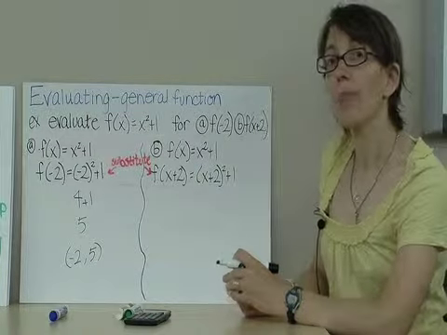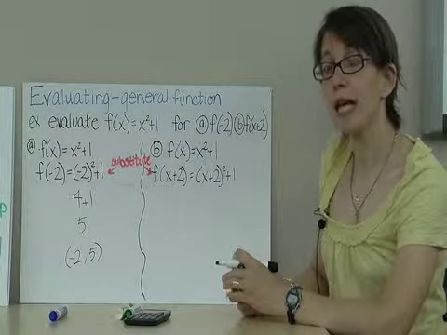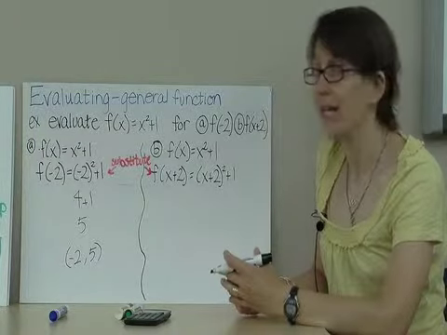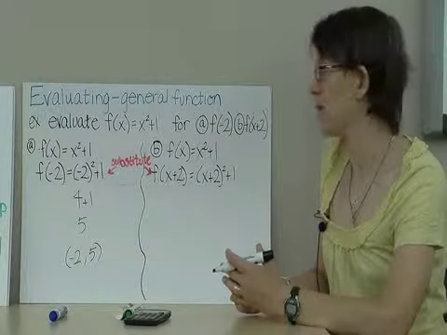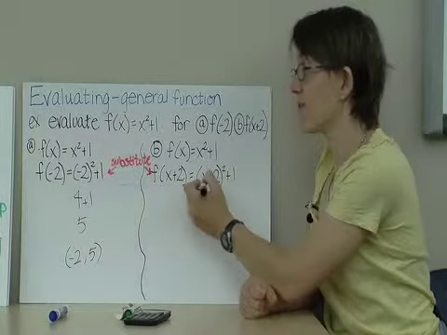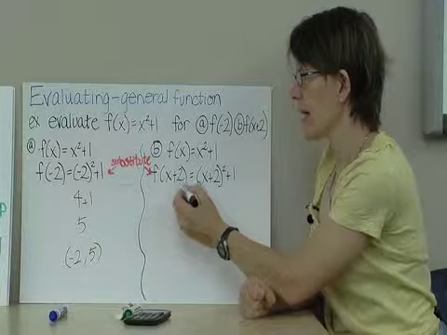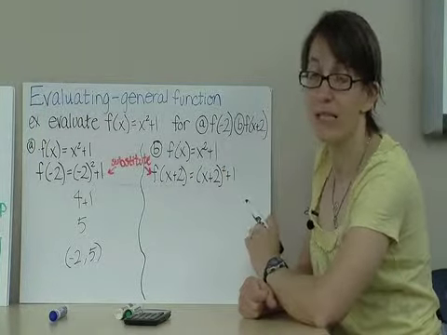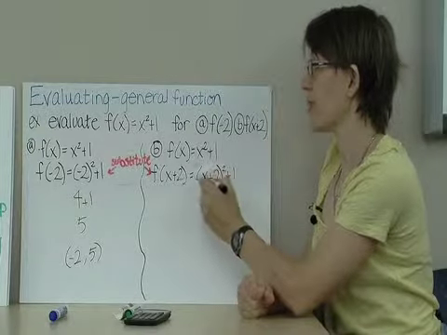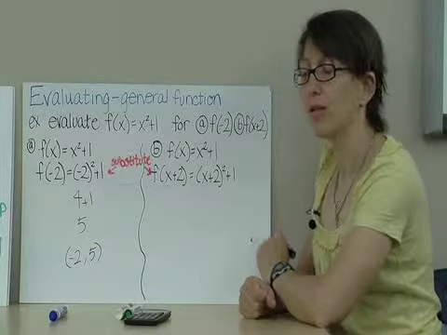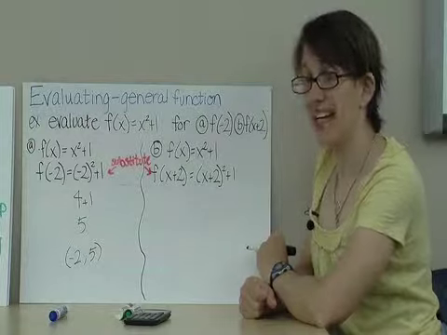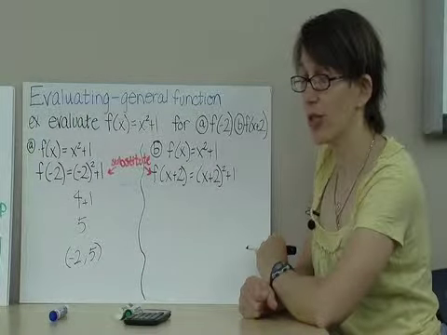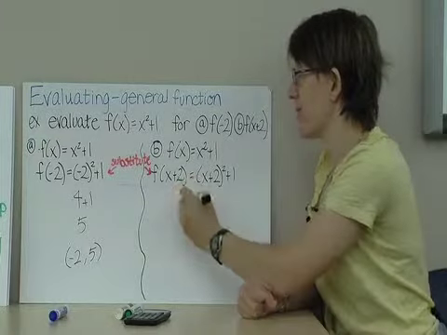Over here, I'm evaluating using an algebraic expression. This is going to give me a new algebraic expression at the end. So again, I've substituted x plus 2 in place of x. I've done that in parentheses because I'm going to need to square this entire expression. Please remember that x plus 2 squared is equal to x plus 2 times x plus 2.